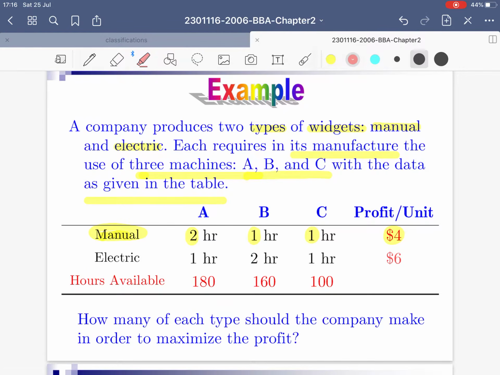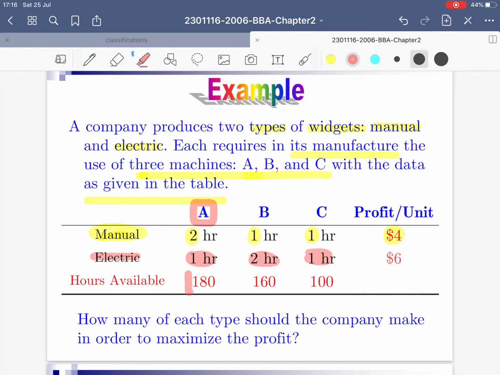For electric, one unit uses machine A for 1 hour, machine B for 2 hours, and machine C for another 1 hour. However, each machine has its own limit of available hours.